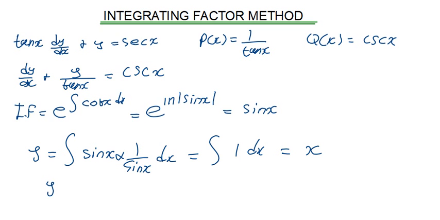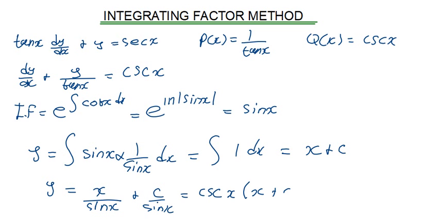We have a c here. So y will be equal to x divided by sine x, plus c divided by sine x. Or I can just write it as cosec x times open bracket x plus c, and that's what I have right there.